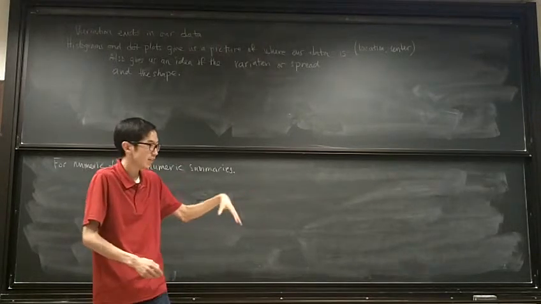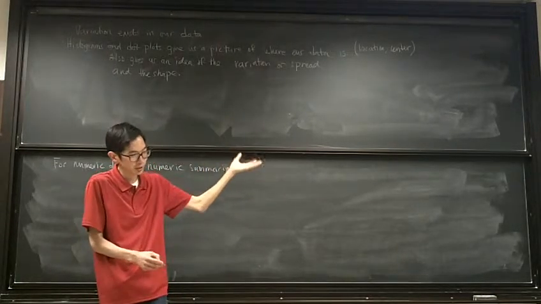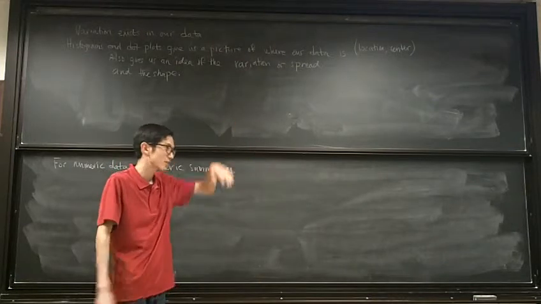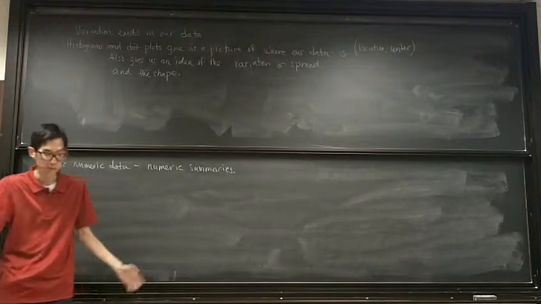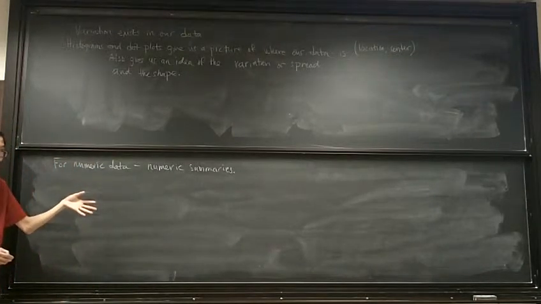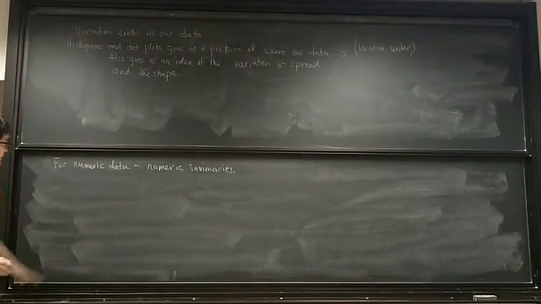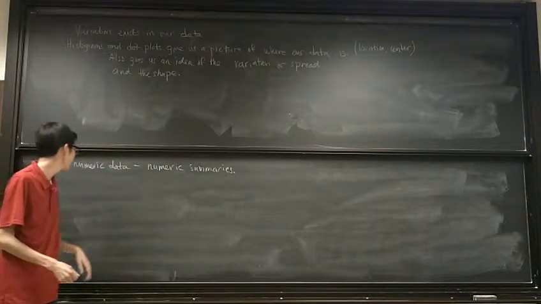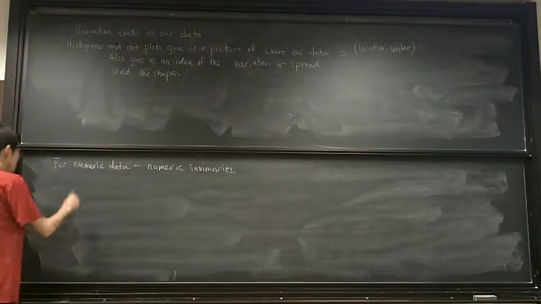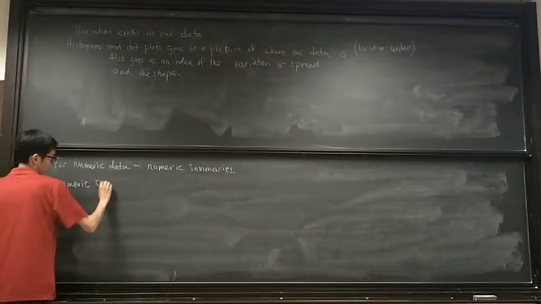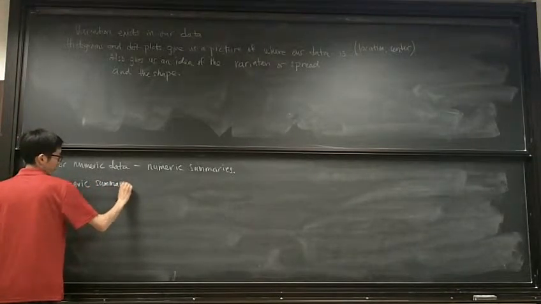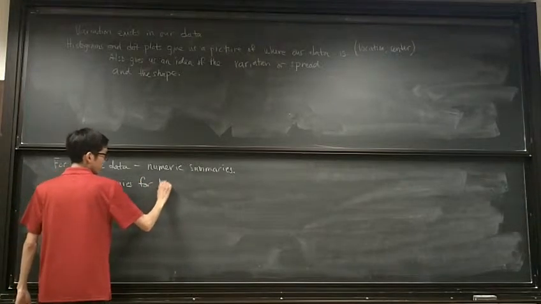We said we have 22 females in this class, that represents 70% of the class is female, or something like that. So those are numeric summaries for categorical data. Here we're going to look at numeric summaries for numeric data. So we have numeric summaries for the center, for location.